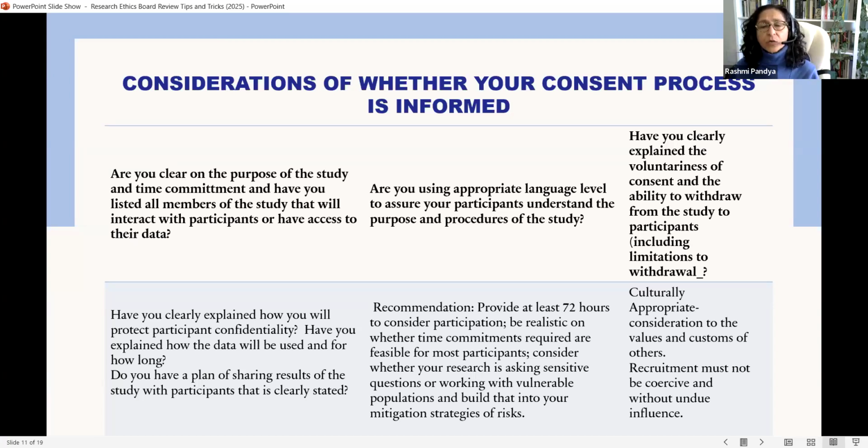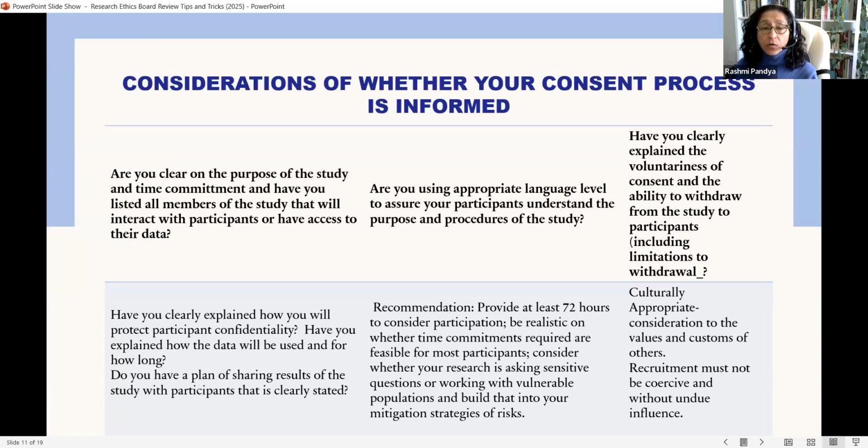It does become a concern when you're asking participants to spend a significant amount of time with perhaps not a clear benefit to them. So please build that in, right? The considerations, especially for student projects where there's such a short timeline, make sure you are considering whether something's really doable.